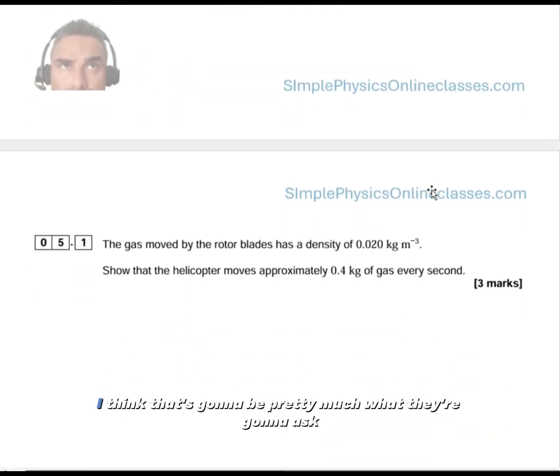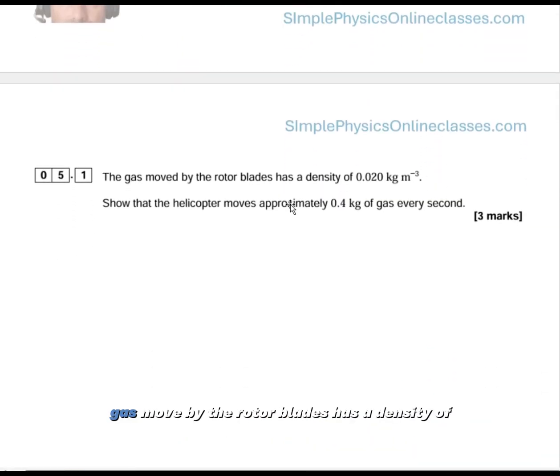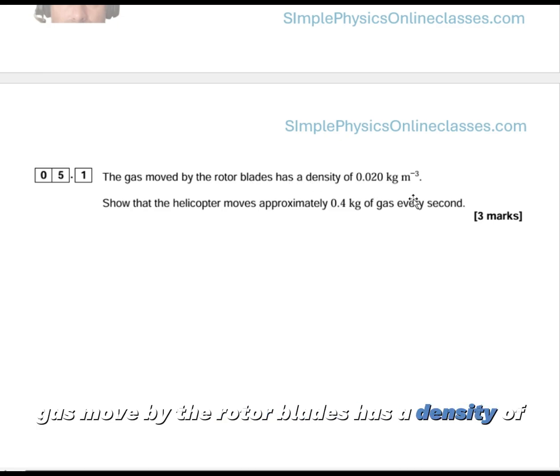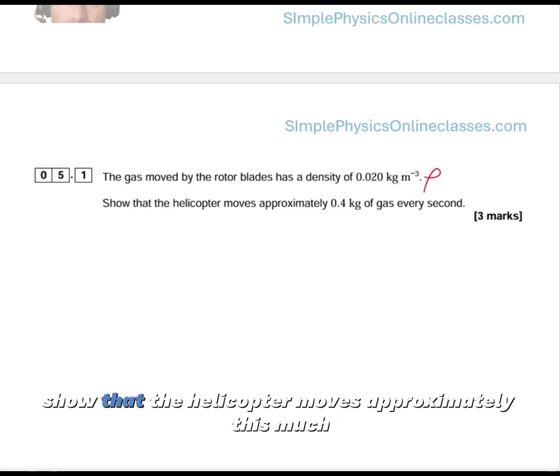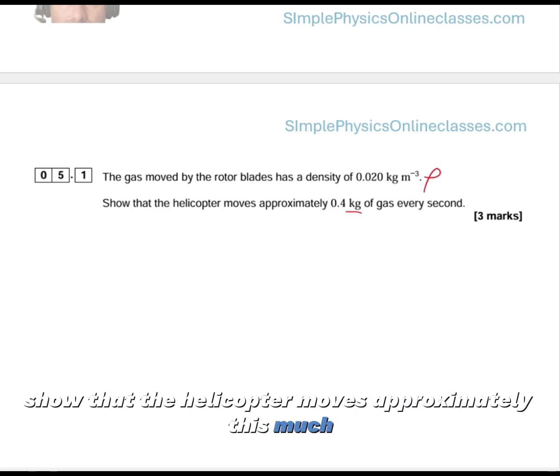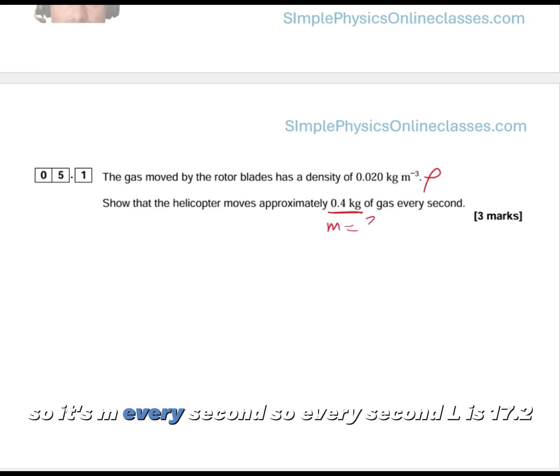So let's have a look at the question. I think that's pretty much what they're going to ask. The gas moved by the rotor blades has a density given, and you have to show that the helicopter moves approximately this much mass, M, every second. So every second, L is 17.2.